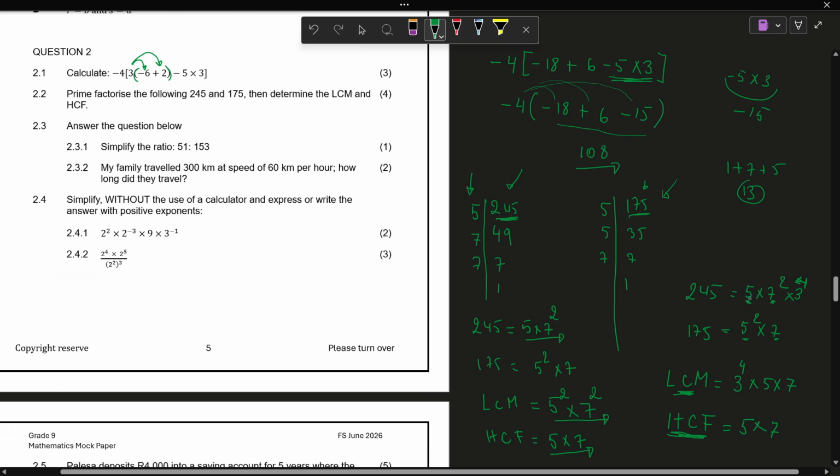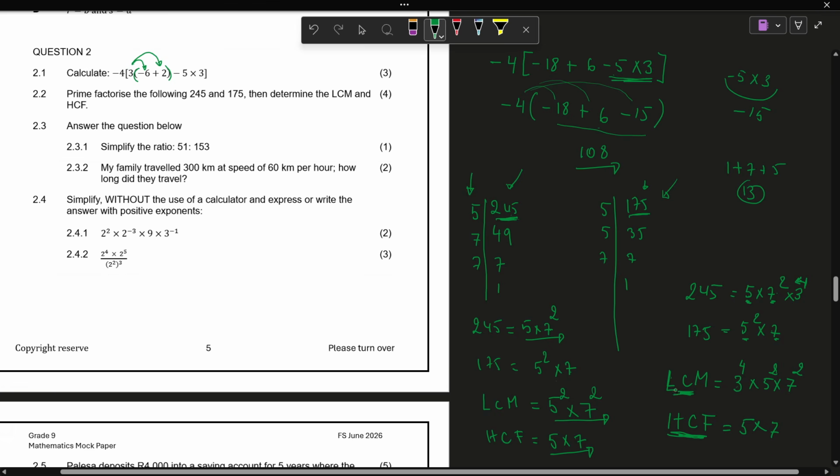And for 5, this 5 here and 5 here, where do I have the highest exponent? Here. Then it's 2. And then I've got 7 to 2 here and 7 to 1 there because it's not mentioned. So I also choose 2. I choose the highest exponent.